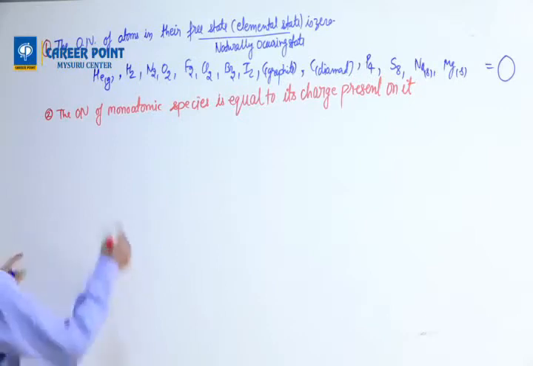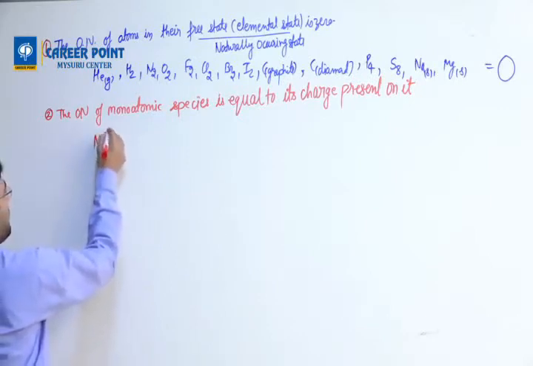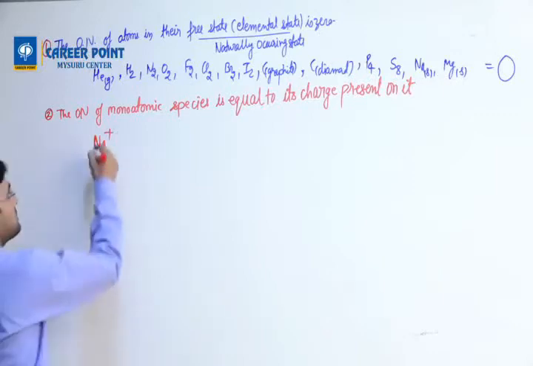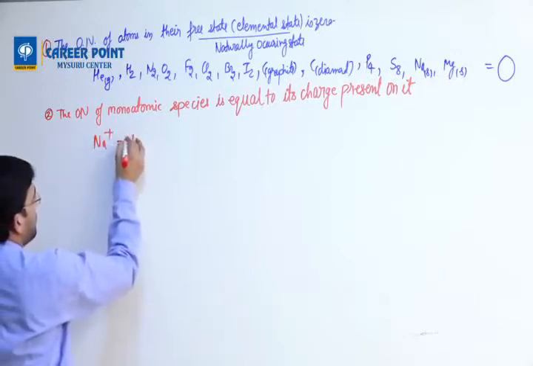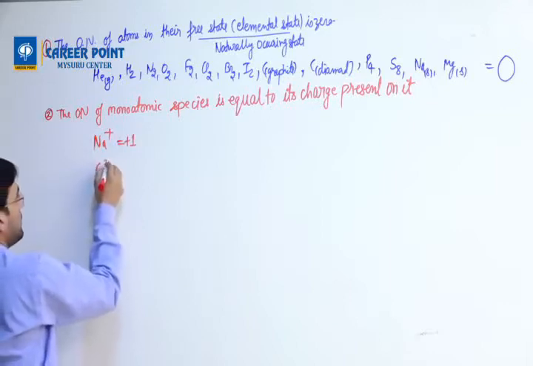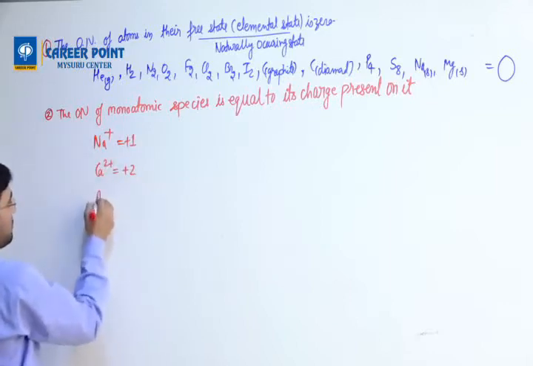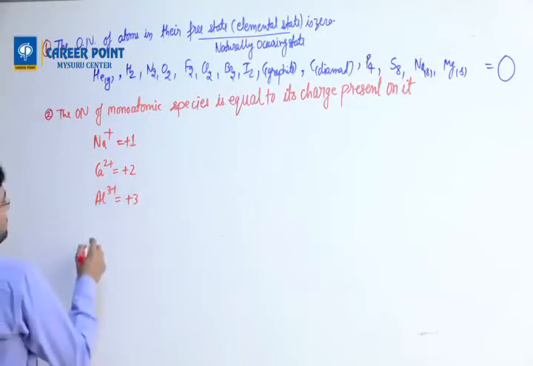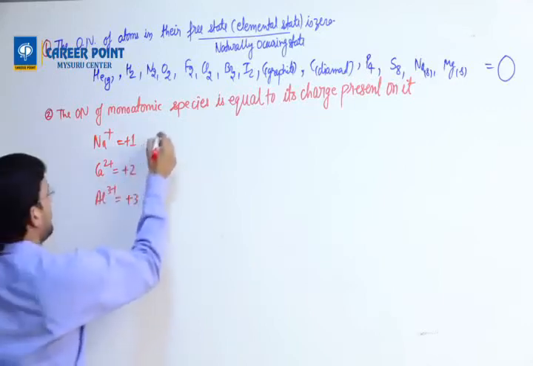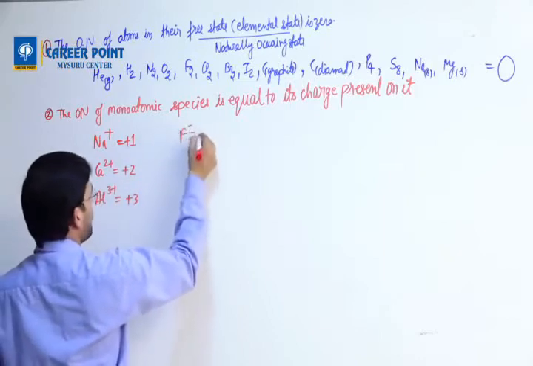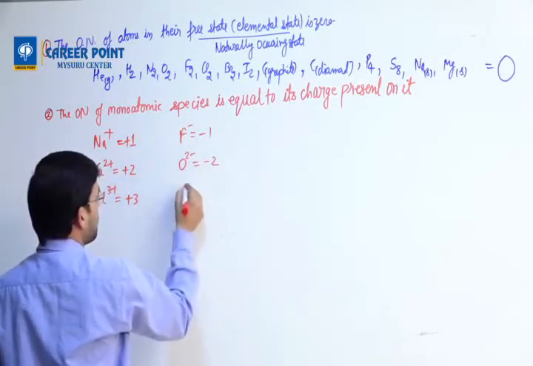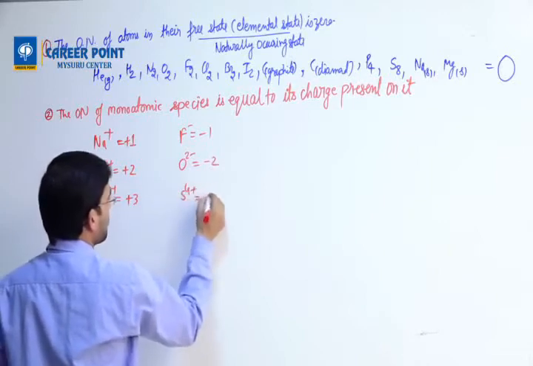Monoatomic species means what? If you have Na plus, monoatomic means single atom. Its charge is there, so the oxidation number is +1. If you have Ca2 plus, it is +2. If you have Al3 plus, +3. Then F minus is -1, O2 minus is -2, sulfur 4 plus is +4.